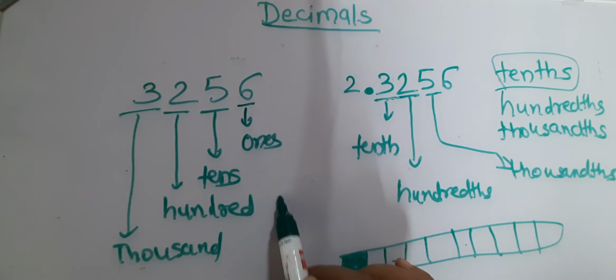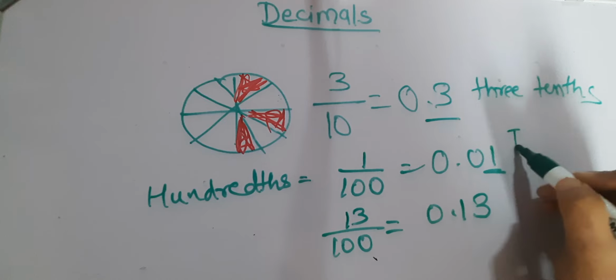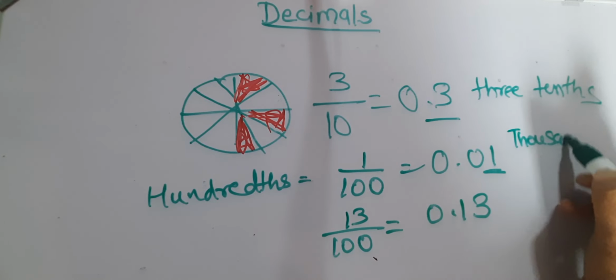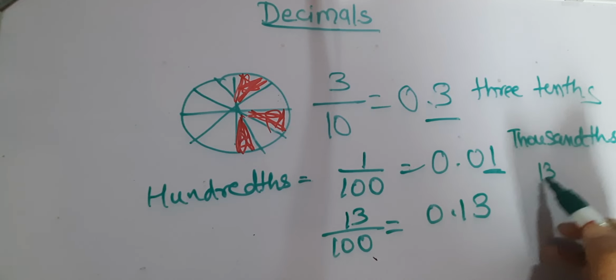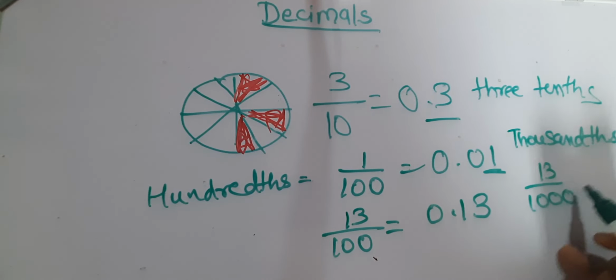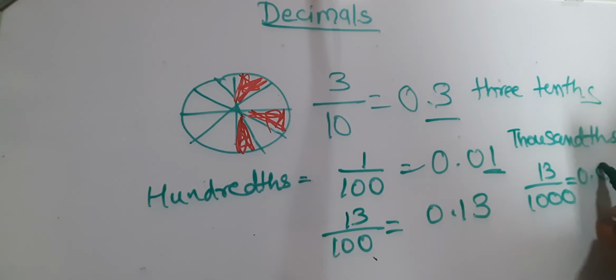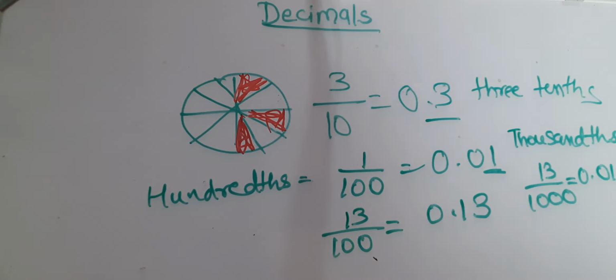Okay. Similarly, for thousandths, if we have 13 by 1000, I will write it 0.013. Why are we writing 0.013?